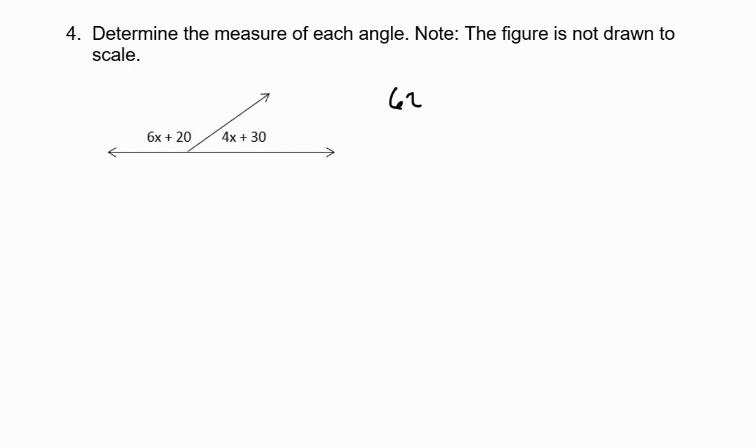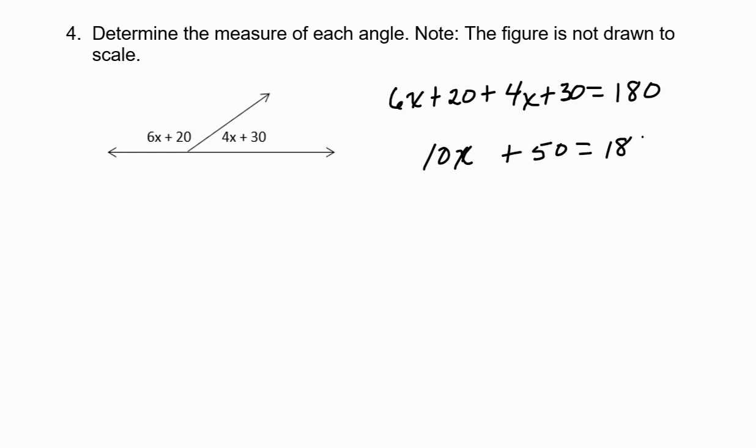So the first angle is 6x plus 20, and then I'm going to add to that the measure of the second angle, which is 4x plus 30, and that equals 180. So combining my like terms on the left-hand side, I get 10x plus 50, and then from here it's just a basic two-step equation that I'm solving.